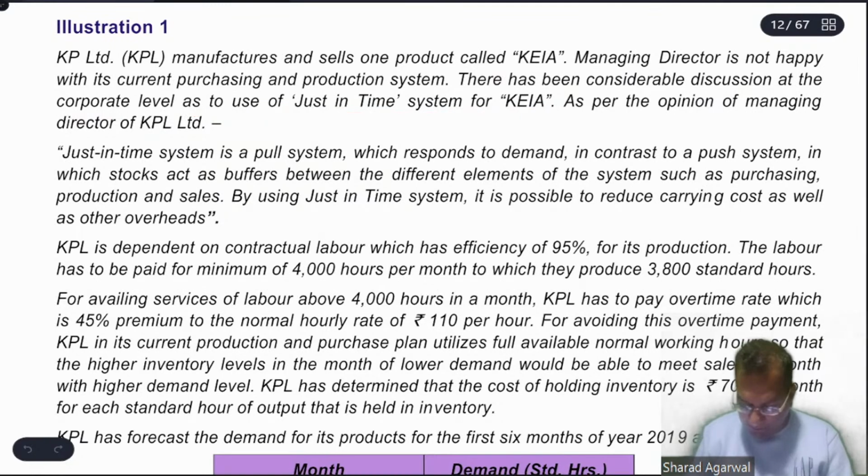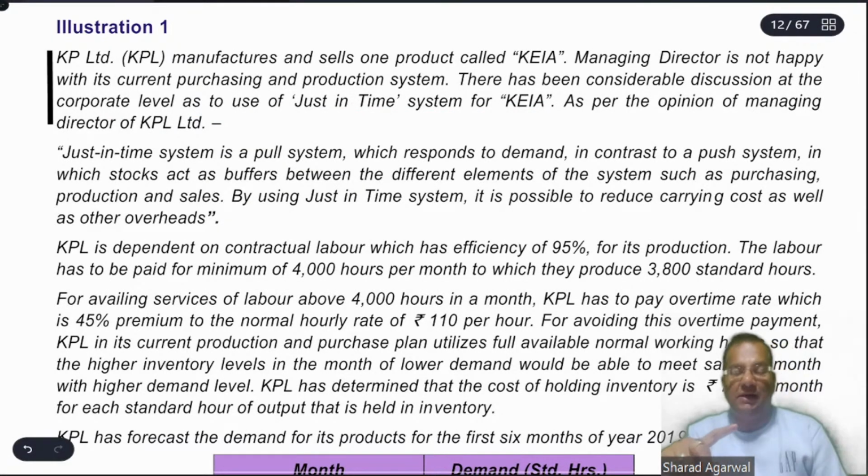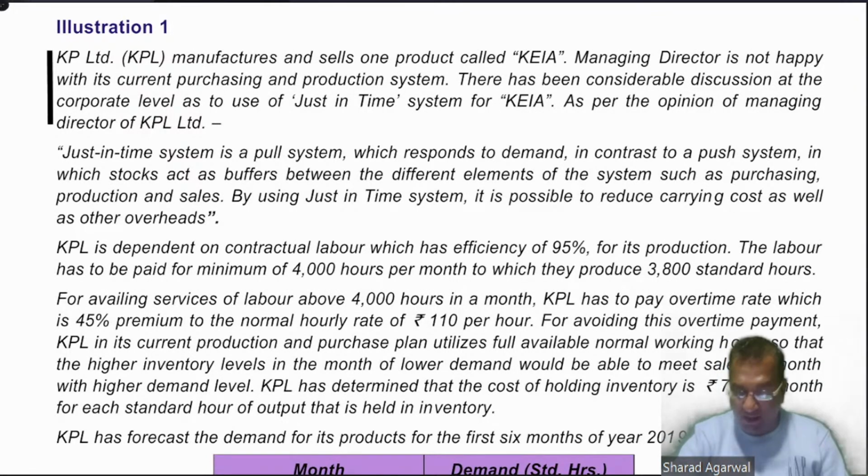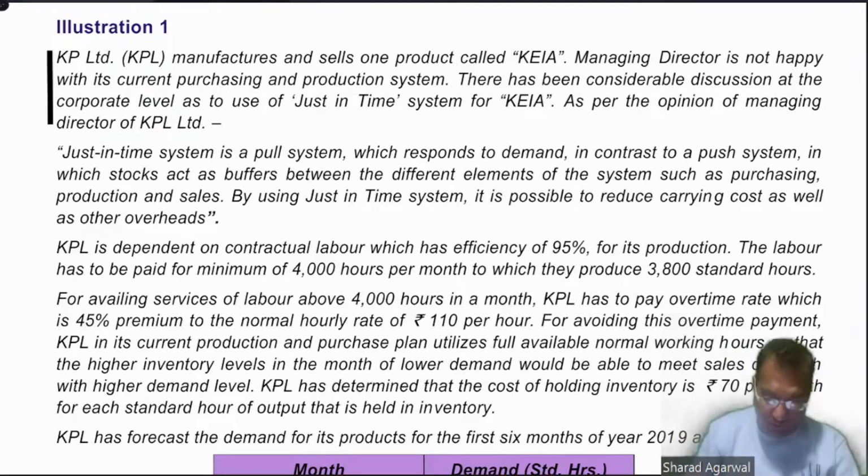Can you please tell me, beta, through this first para, whether we are applying just-in-time system for purchasing or for manufacturing or both? Please read out and then answer me, because a clear hint is given in this first para. I'm waiting for your answer.